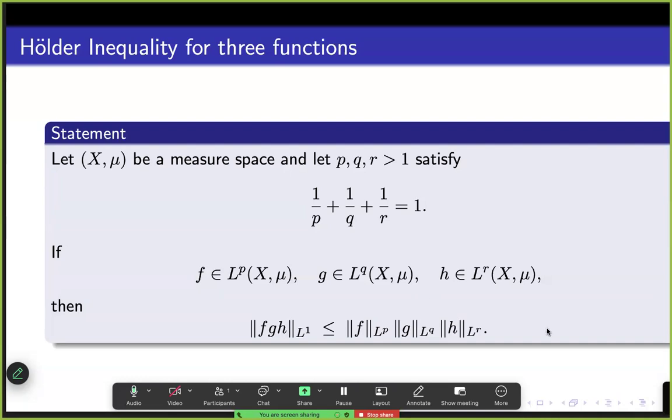The L^1 norm of the product fgh is always less than or equal to the L^p norm of f times the L^q norm of g times the L^r norm of h.